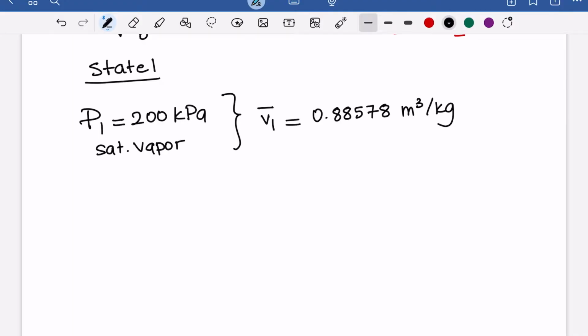Okay, very good. The next thing is the second state. For the second state, what is the specific volume? Let's analyze the second state. We know the pressure. And the question is, what else do we know?